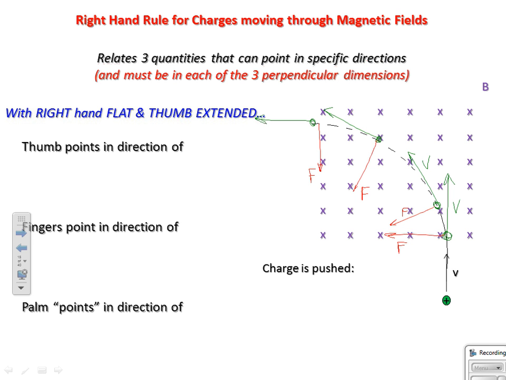Velocity, magnetic field, and force. What we can do is use our right hand to relate the directions of these three vectors. There's a vector for force, a vector for magnetic field, and a vector for velocity.